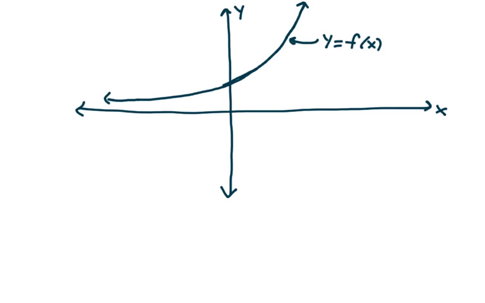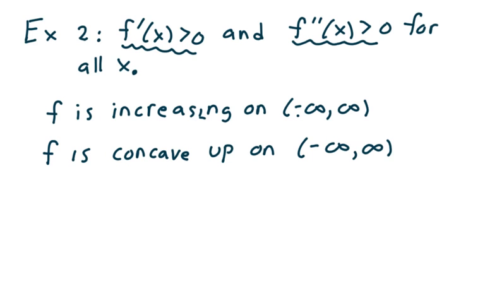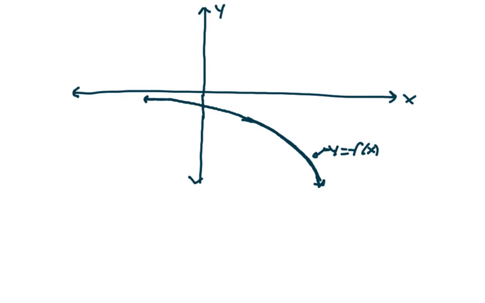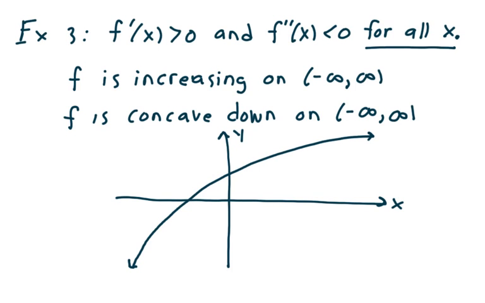So notice how in the first one, f is increasing on negative infinity to infinity, and f is concave up. And on the other one, f is decreasing on negative infinity to infinity, and f is concave down. So those are okay. And so for this one, notice how f is increasing on negative infinity to infinity, and f is concave down. It works.